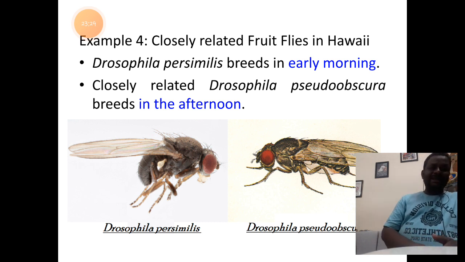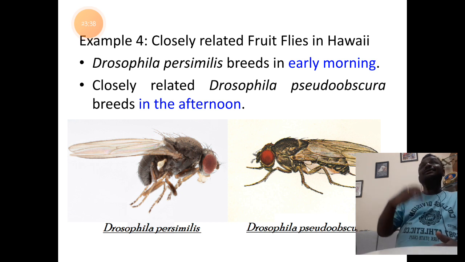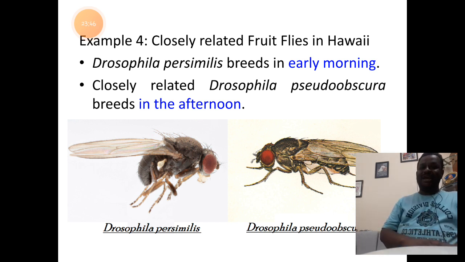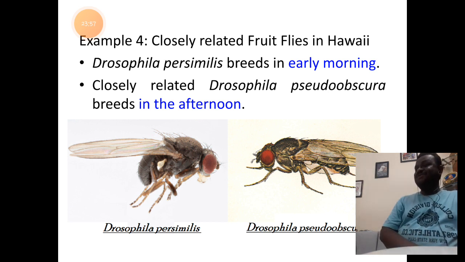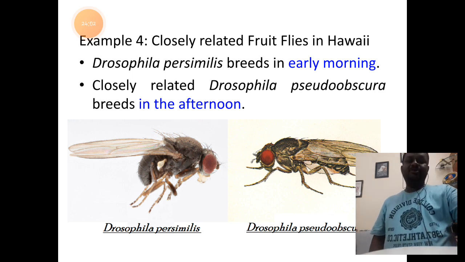The fourth example is the fruit fly in the Hawaiian Islands. Drosophila persimilis breeds early in the morning, whereas Drosophila pseudoobscura breeds during the afternoon. Their breeding time is different, one in the morning, the other in the afternoon. So they act as two different species and never get the chance of mating.